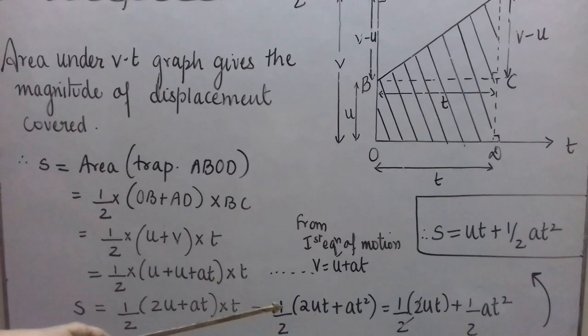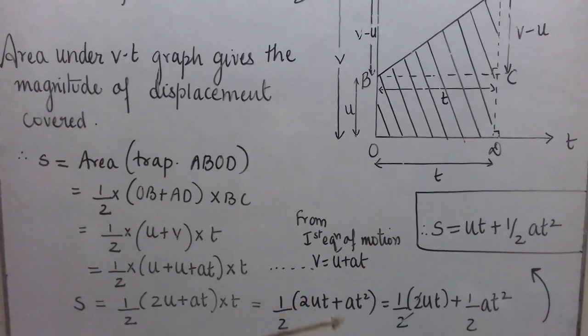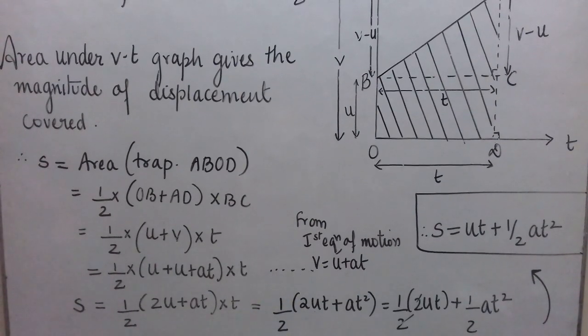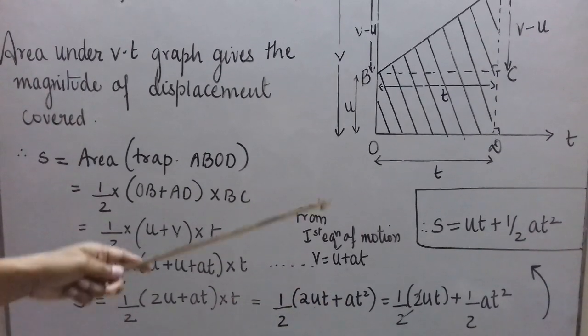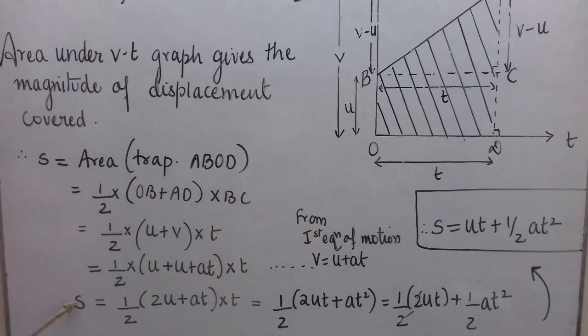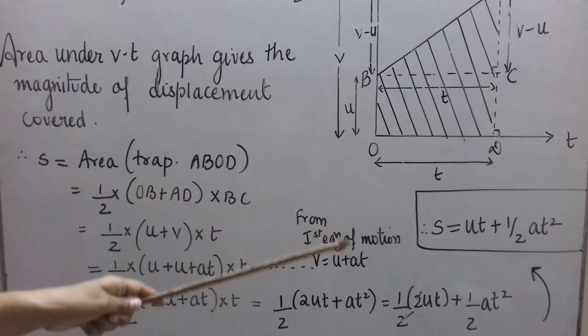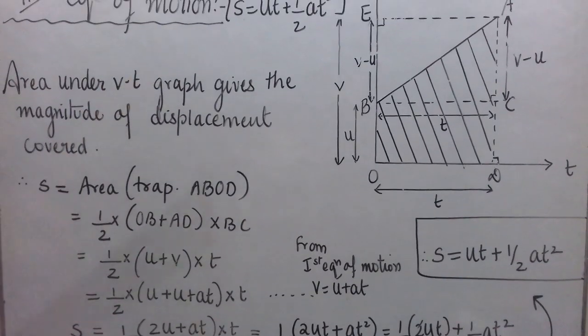Now next we are again going to open this bracket and multiply half with each term. And we see that first term becomes half into 2UT, 2 gets cancelled. So first term is UT plus half into AT square is the next term. So we can see here that finally the equation becomes S is equal to UT plus half AT square. And this is our second equation of motion.